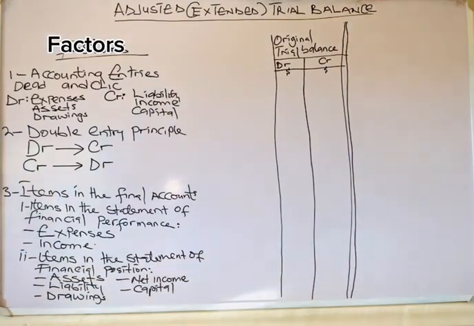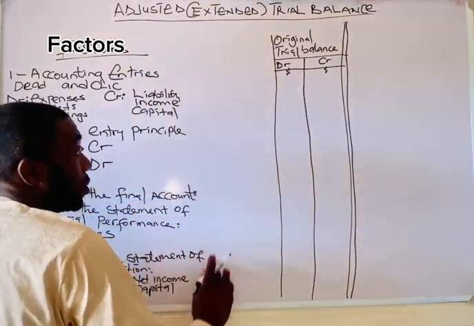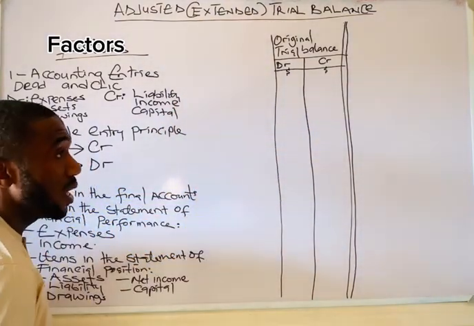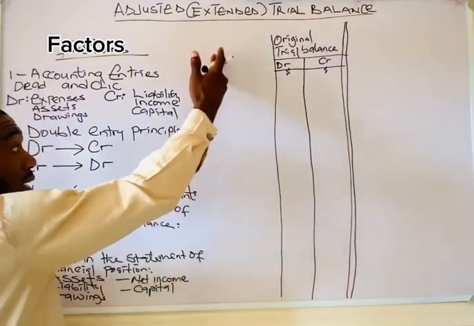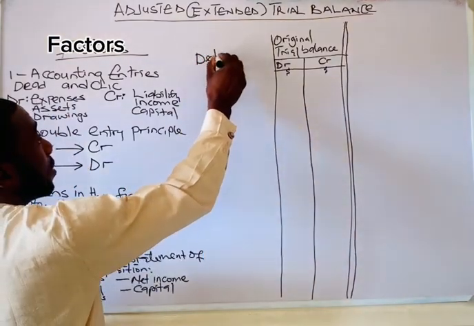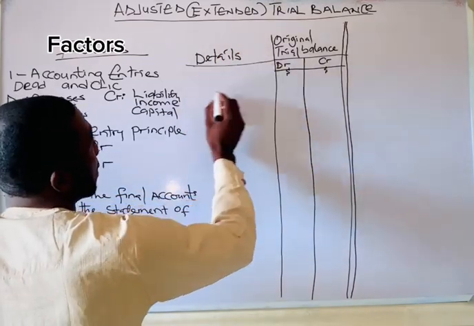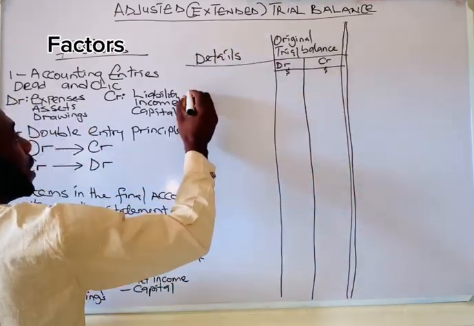This is the first column in the adjusted trial balance. But don't forget, there are details or particulars, which is not part of what we consider to be a column. We all know that there must be the details of the account. Say details or particulars.